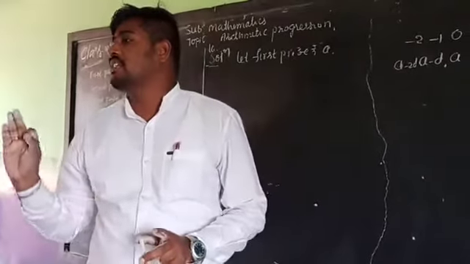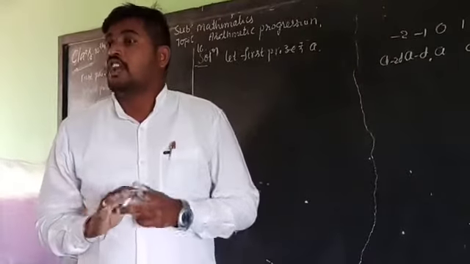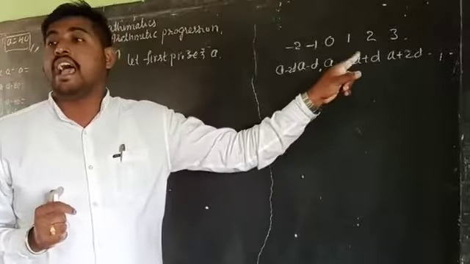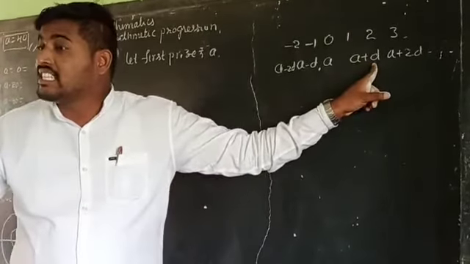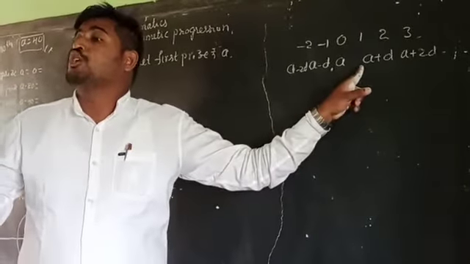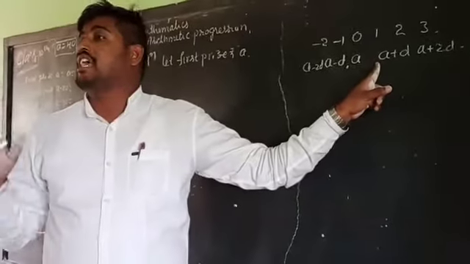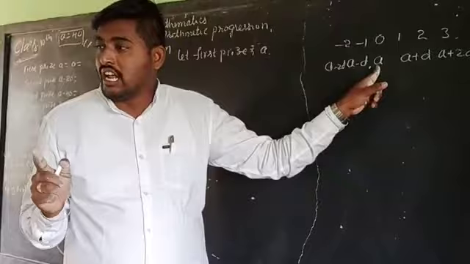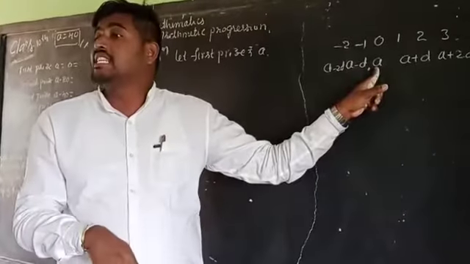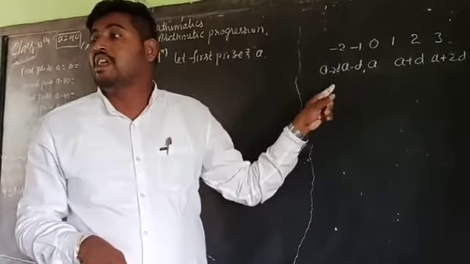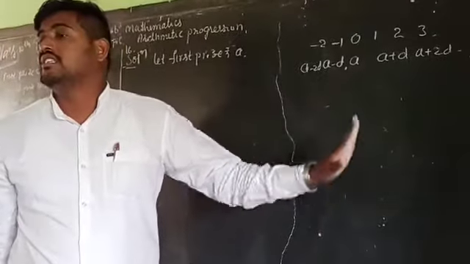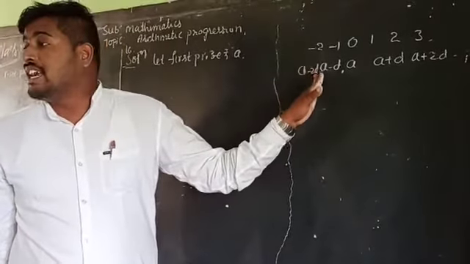Is it right? Adding the fixed number gives A plus D, the successive term, and the preceding term is the previous term, A minus D, A minus 2D. This is the preceding term.